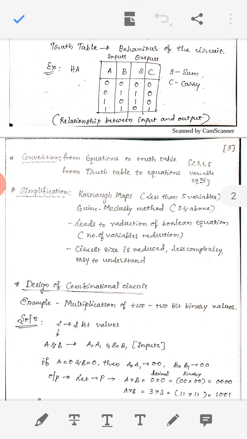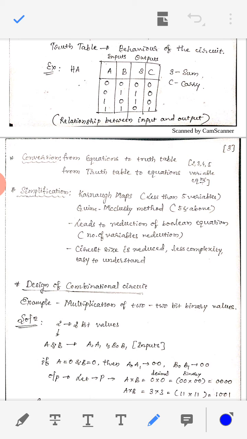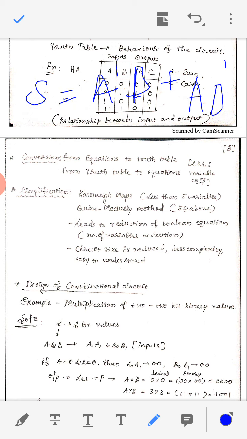Basically you can write the SOP and POS equations. For example, for S we can write it here: S equals, wherever 1 is there, the first one, A bar B, plus the second one, A B bar. So S equals A bar B plus A B bar.